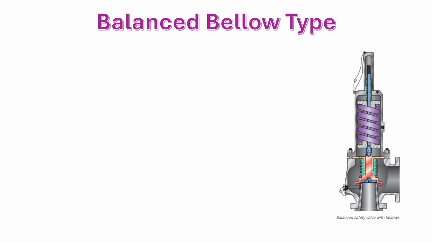The selection criterion for the bellow type safety valve is that the back pressure should be less than 50% of the set pressure of the safety valve. Like we already discussed, in the conventional type it is 10%, and in the balanced bellow type it is less than 50%.